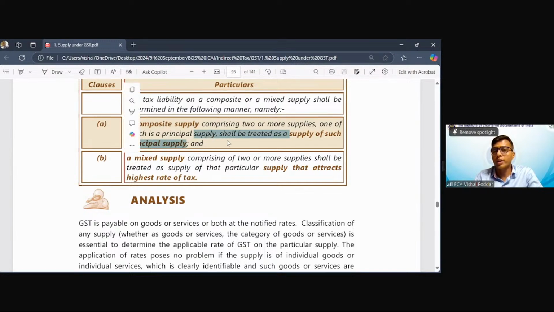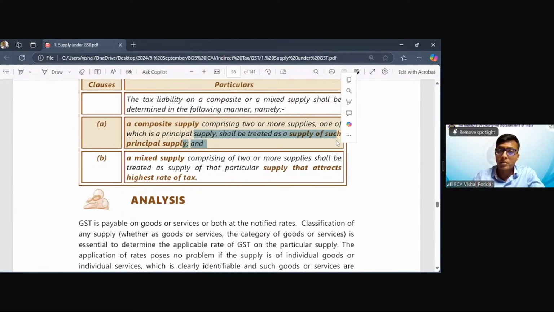It shall be treated as the supply of the main item, which is called the principal supply. So if your package fits in the definition of composite supply, the tax treatment is we will treat it as per the provisions applicable to the principal item, that is the main item in this.